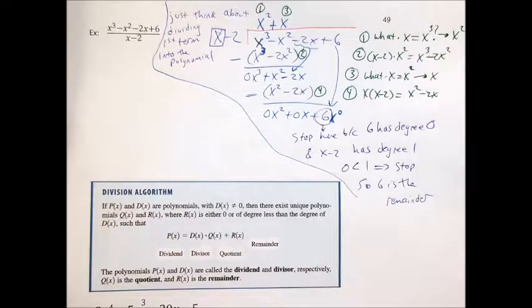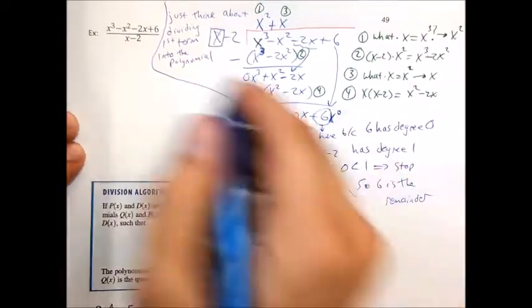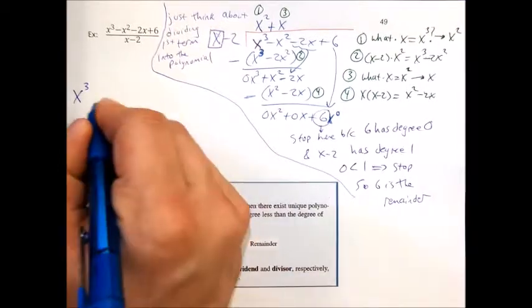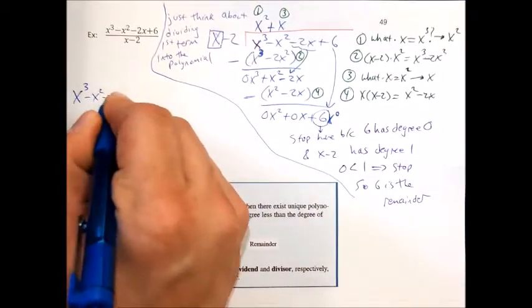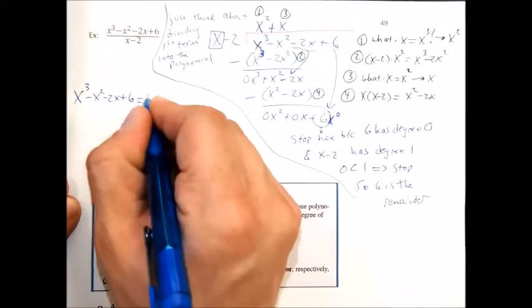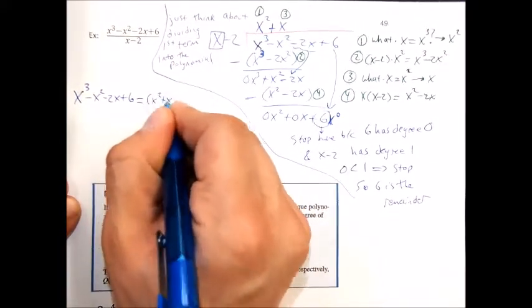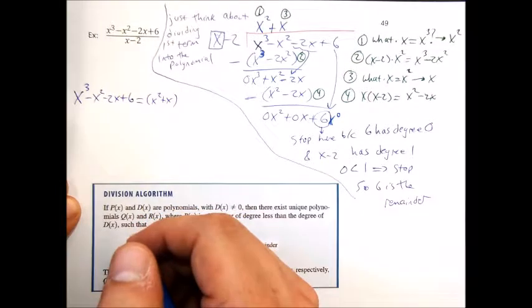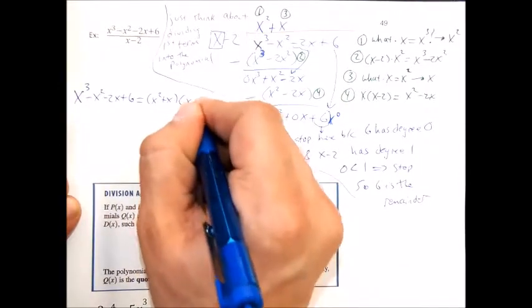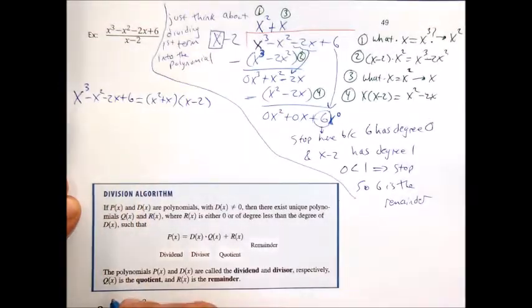And again, the point of this is that we're able to factor it. What we just found out is that our original function, x cubed minus x squared minus 2x plus 6, is equal to our quotient times our divisor plus our remainder.